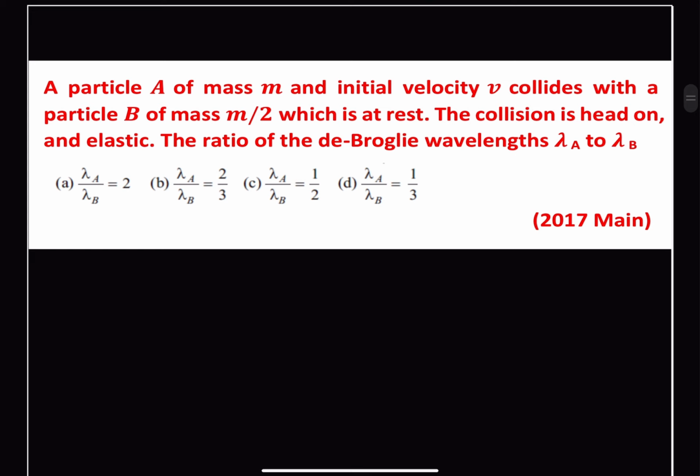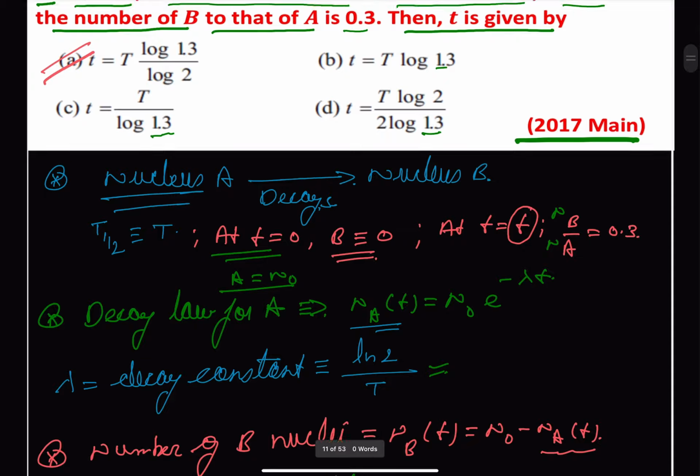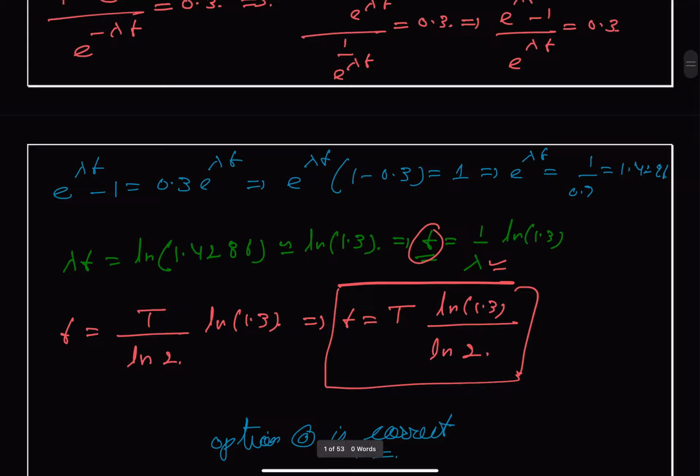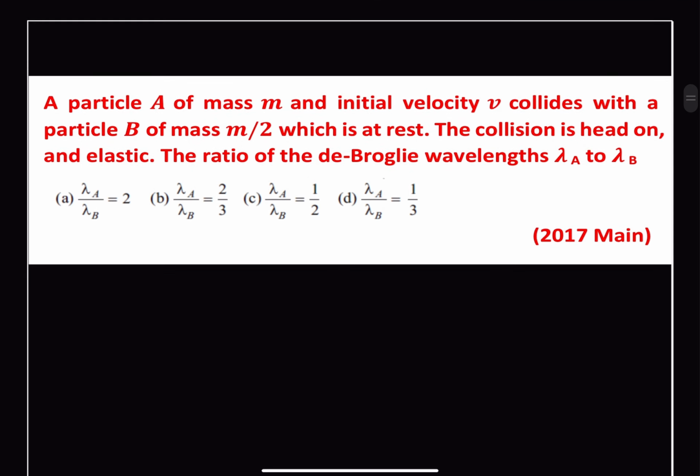It states that a particle A of mass m and initial velocity v collides with a particle B of mass m by 2 which is at rest.